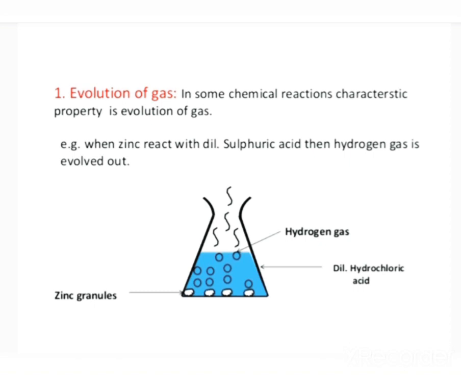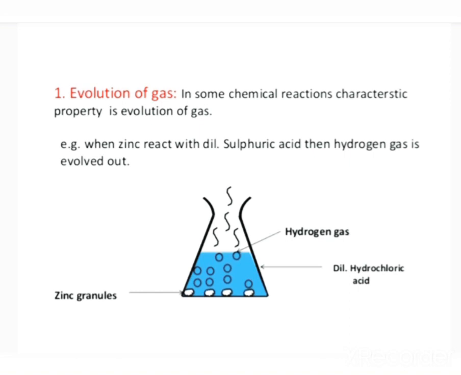Zinc, that is Zn, plus dilute sulfuric acid, or hydrochloric also. So zinc plus H2SO4 gives off ZnSO4 plus H2. Now H2 is what? It is a gas. So hydrogen gas is evolving. Clear? So whenever there is a chemical reaction taking place, evolution of gas takes place.